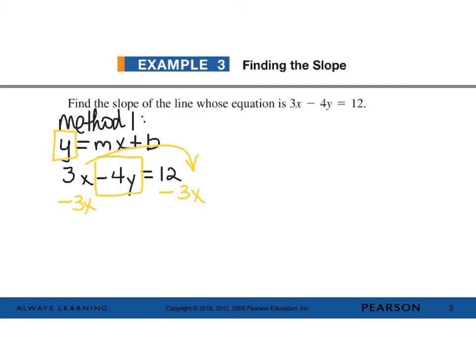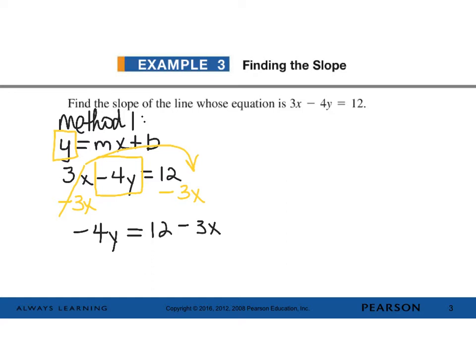And of course, when we subtract 3x on this side, 3x minus 3x will disappear, which is going to leave us with negative 4y is equal to 12, and then minus the 3x.